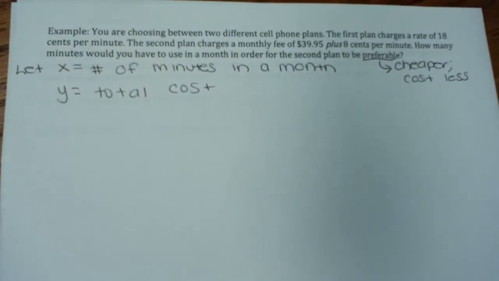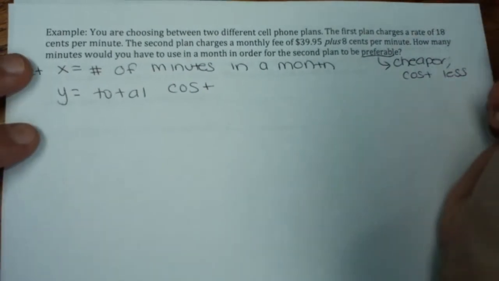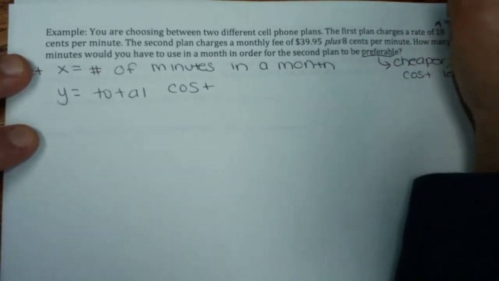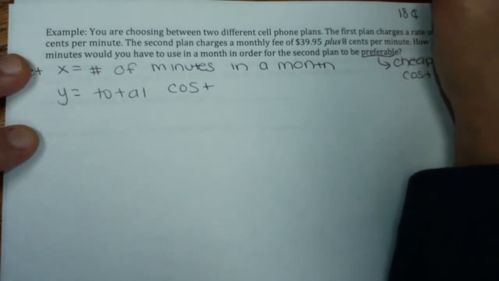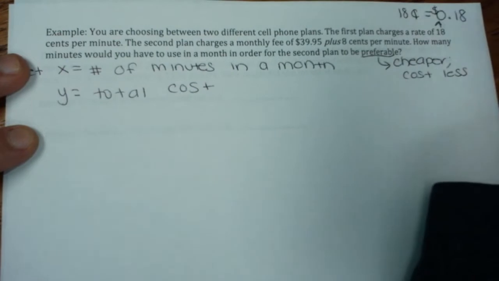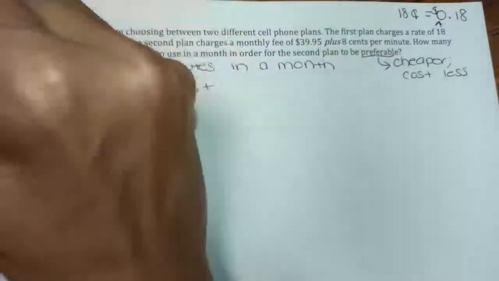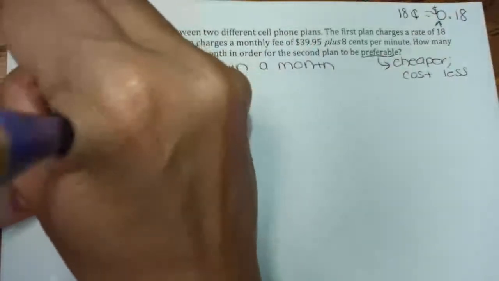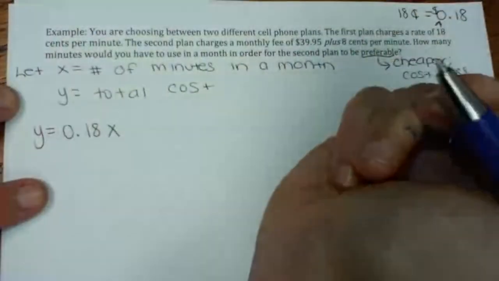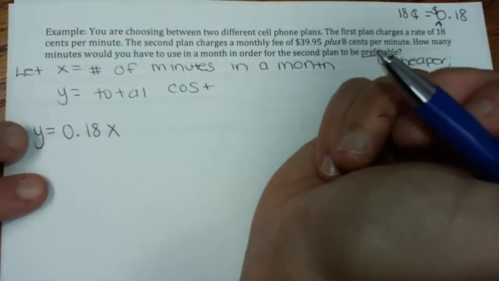All right, so the first plan charges a rate of 18 cents per minute. So 18 cents is the same thing as saying $0.18. We're going to deal with dollars here. Okay, so the first plan, which is y, the total cost is going to be 0.18 times however many minutes that you use. And that's it.